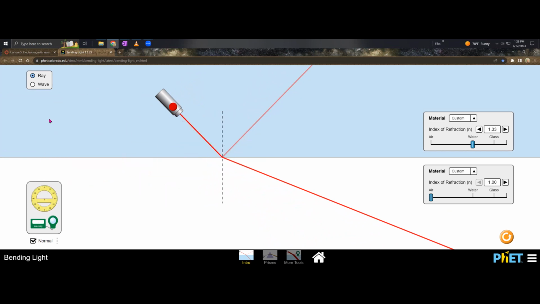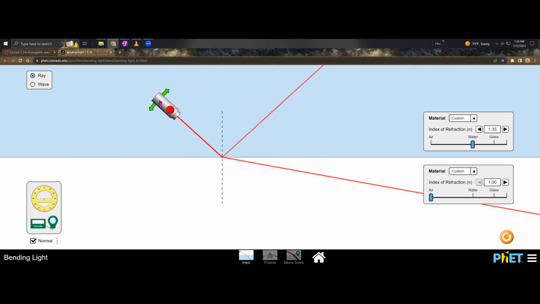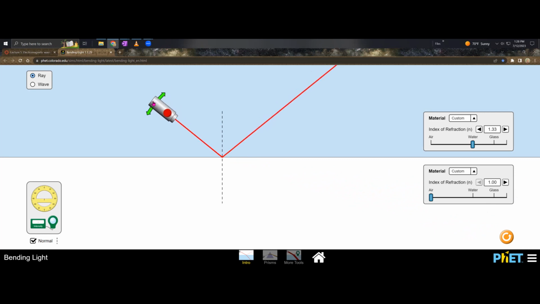Now, as I continue to move this lower and lower, look how the ray is approaching the boundary. This is going to be real tricky. I wish I could just do it slowly. Oops, I'm going the wrong way. If I could just bring it to the surface here.